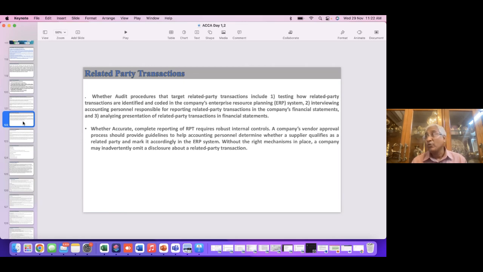This is a very important point, because every time a transaction happens, the transaction will be flagged as related party and necessary compliance is to be observed.